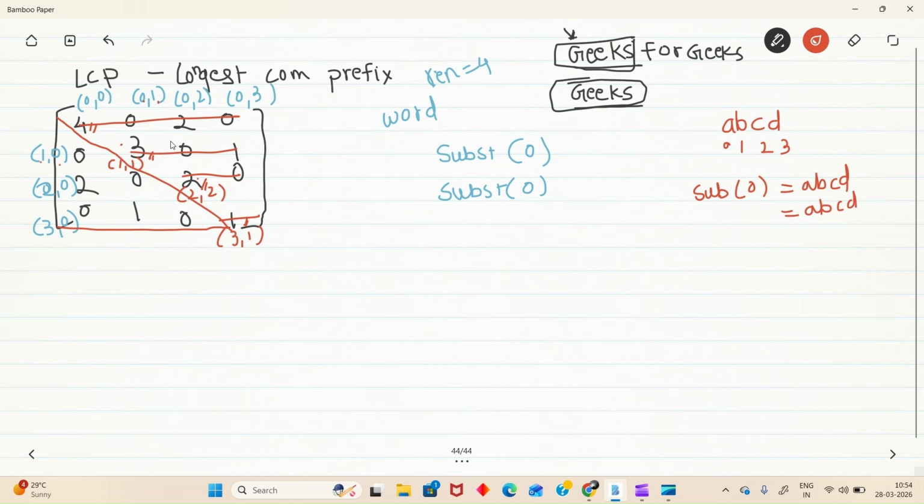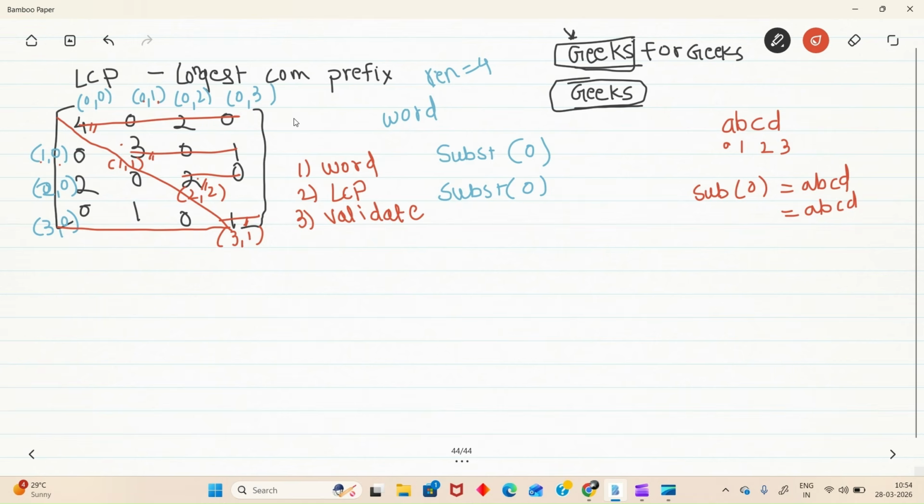We will find a word using these numbers, then find the LCP using that word, and then check if both LCPs are the same. If both are the same, then yes, we found the word; else we will return the empty string. This is very simple. First we will find the word, then we will find the LCP, and then we will validate.